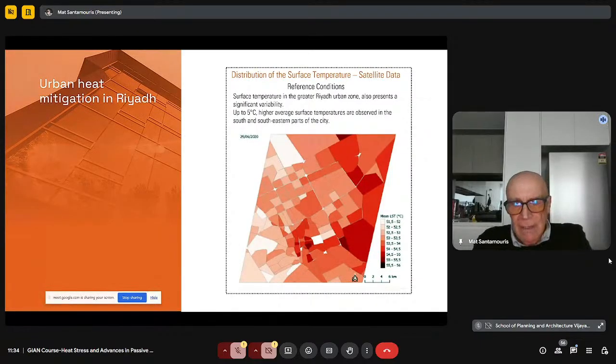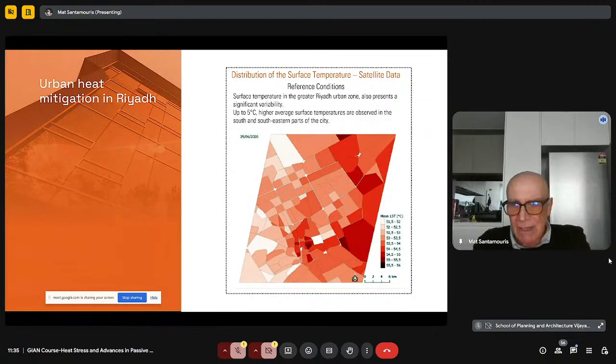In order to be well sure and ensured about our analysis regarding the surface temperature, we collected data from satellites and compared the simulation results about the surface temperature at the city scale against satellite data.